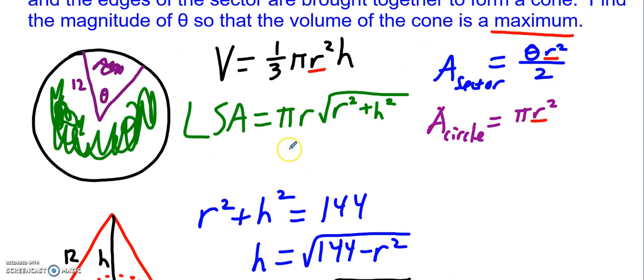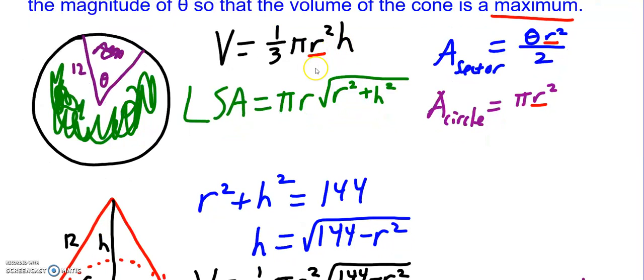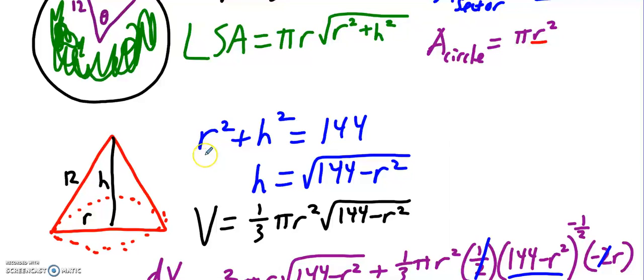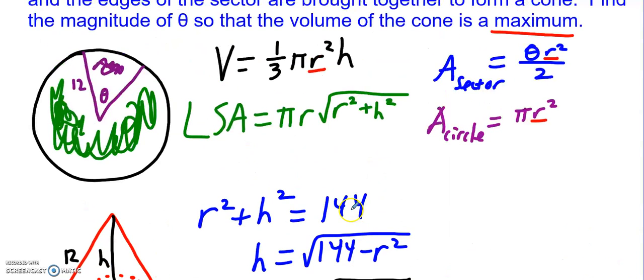So if I take my volume equation, I want to get rid of h. I want to just work in terms of r. I know that r squared plus h squared is 144. So h is going to be the square root of 144 minus r squared. So my volume equation becomes 1/3 pi r squared times the square root of 144 minus r squared.